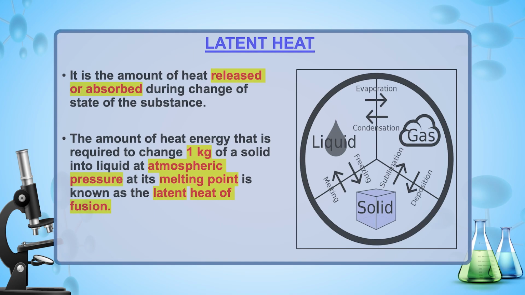The heat energy gets used up in changing the state by overcoming the forces of attraction between the particles. As this heat energy is absorbed by ice without showing any rise in temperature, it is considered that it gets hidden into the contents of the beaker and is known as latent heat.